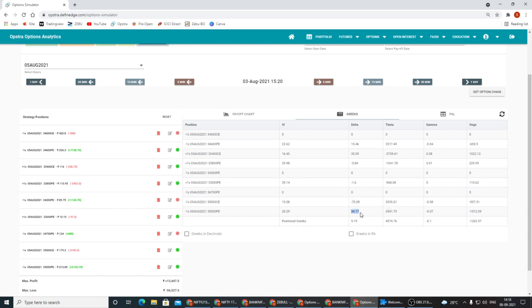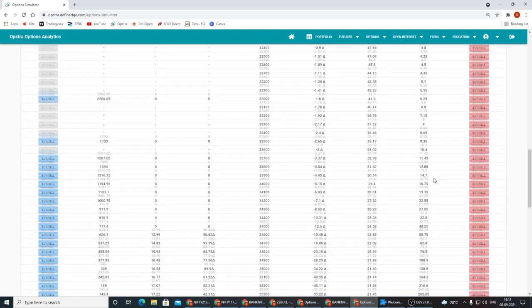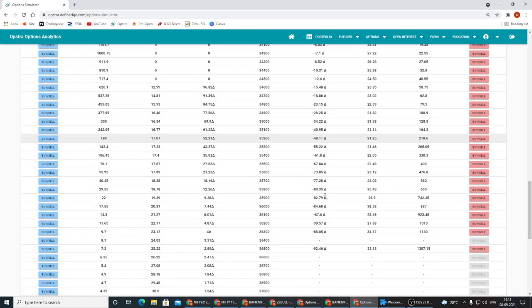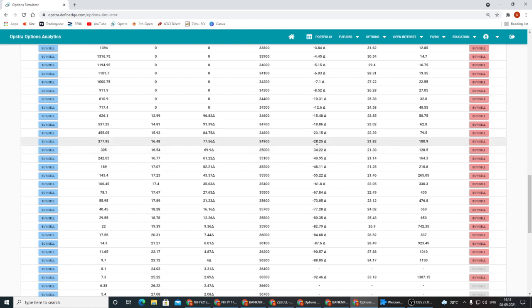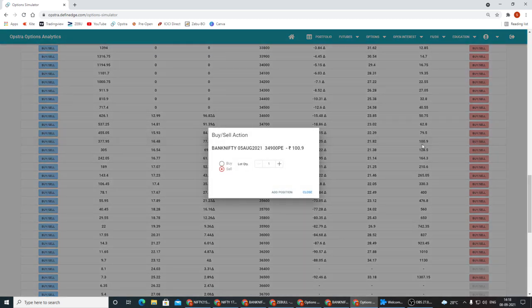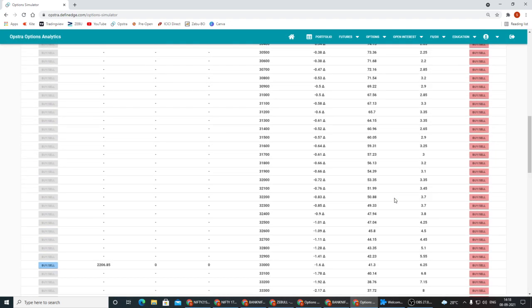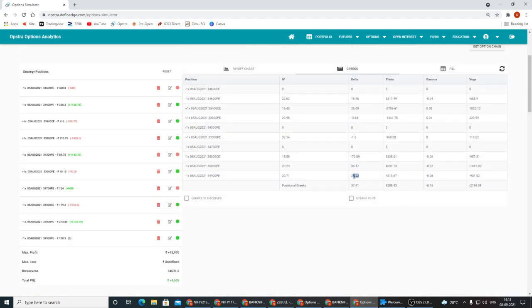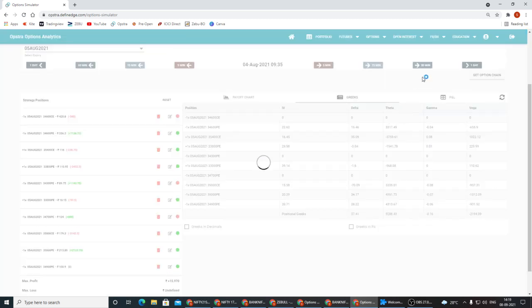So here I am going to select around 30 delta put. So where is the 30 delta put? Here. So I am going to sell 34,900 put, which is trading around 100 rupees. So here 28, 34, around 62. So delta is managed. So we will go further.